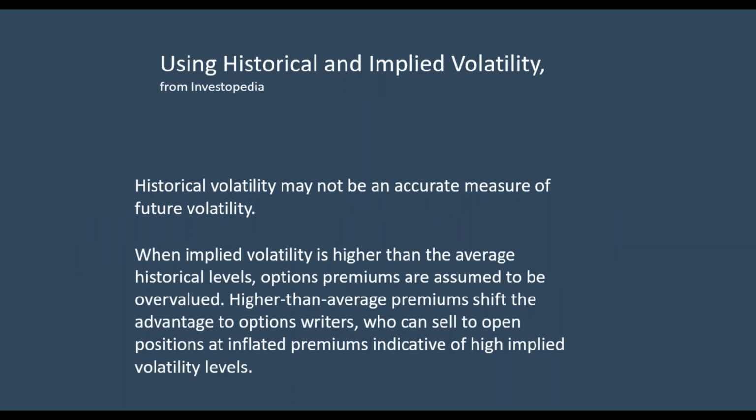What they were saying, they went on to say that the higher than average premiums shift to the advantage of the option writers when the implied volatility is higher than the historical volatility. Because we're selling to open a position at inflated premiums, even though we're buying one further out for protection.